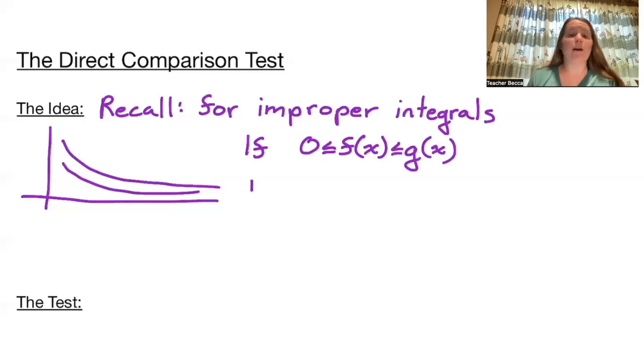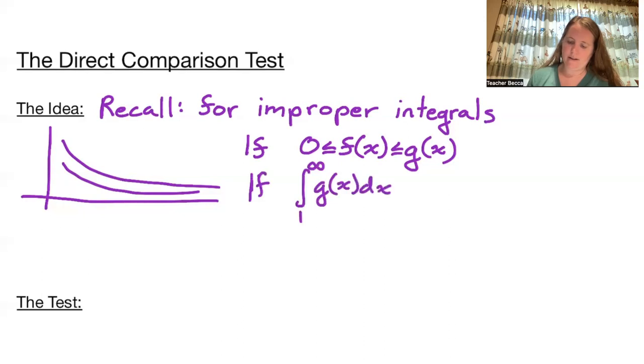If basically f was trapped between 0 and g, then what we had was if the integral from 1 to infinity of g of x dx converges, right?